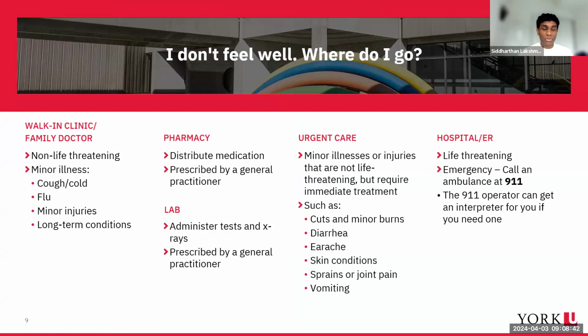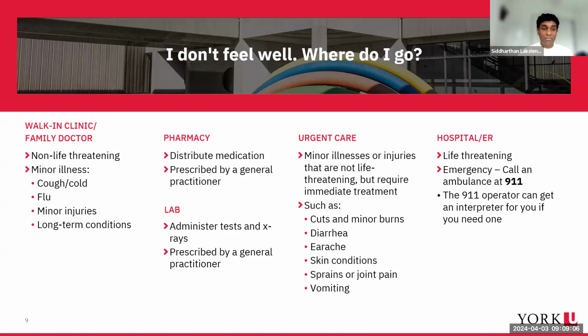This should be accessed for all non-life-threatening and minor illnesses such as cough, cold, flu, minor injuries, and so forth. This will also be the first place you go if you need a referral to a specialist such as a dermatologist or a urologist. This would be the first place that you visit for getting any healthcare related attention.